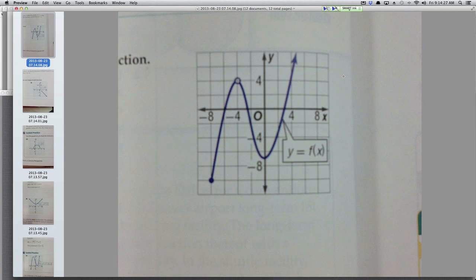All right, on this one, I've got a closed dot down here. I've got an open dot here, and then I've got an arrow up there. So look at it for a second, and then we'll talk about the domain and range of it.